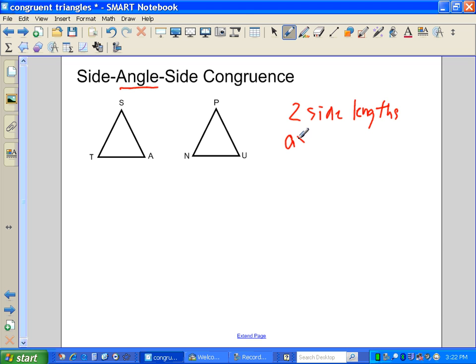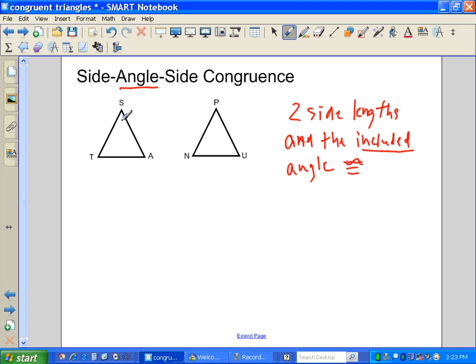Okay, when we say included, that means in between. 2 side lengths and the included angle are congruent.